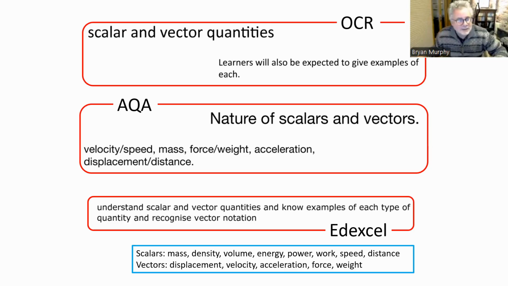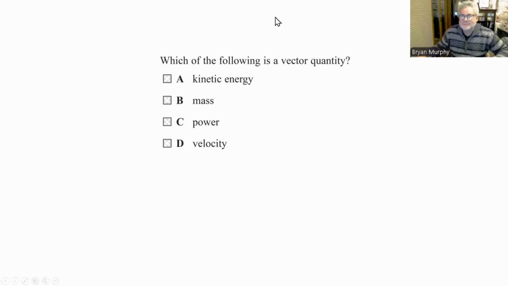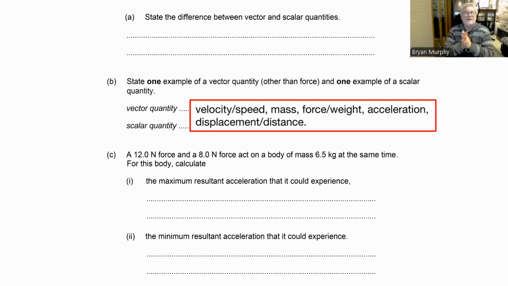Okie dokie. Right, let's have a look. So there is an A-level question. Back to A-level questions. Now you know because you've seen the list. Here's another A-level question with some answers. Give an example of a vector quantity and a scalar quantity.